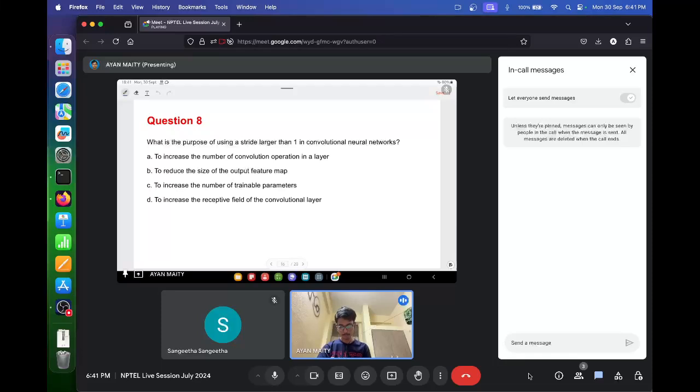Now question 8. What is the purpose of using a stride larger than 1 in convolutional neural networks?